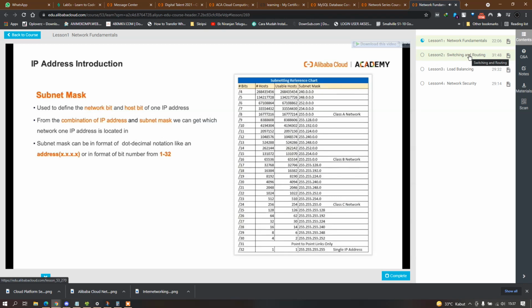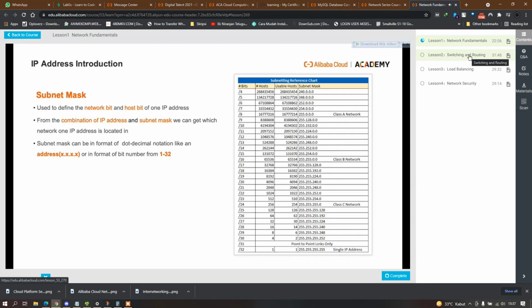Even if the IP address is the same, if it is combined with a different subnet mask, then the IP address will be located in different networks. So from the combination of the IP address and the subnet mask, we can get which network the IP address is located in. That's why we say that the subnet mask is very important to the IP address.